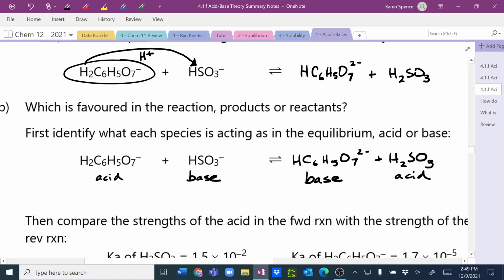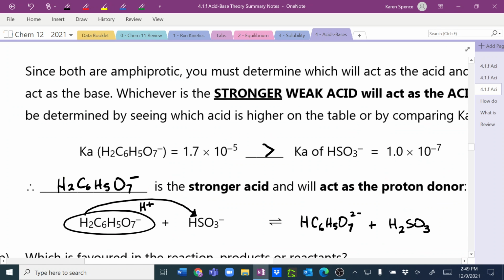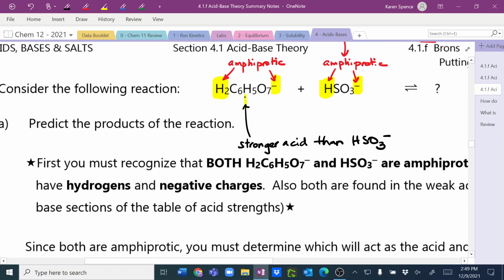All right, so now we have to compare the strength of our two acids here. So when you have two amphiprotic substances, you actually need to make two comparisons. Before you know who's going to act as the acid or base, you have to compare the two amphiprotic things.